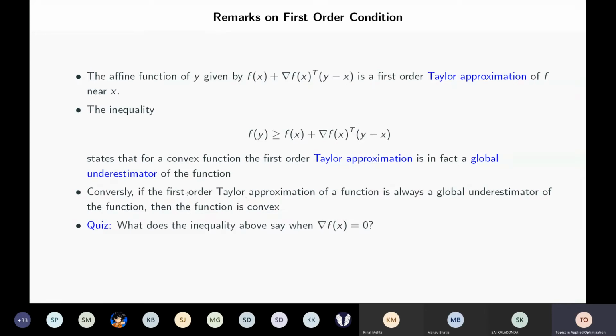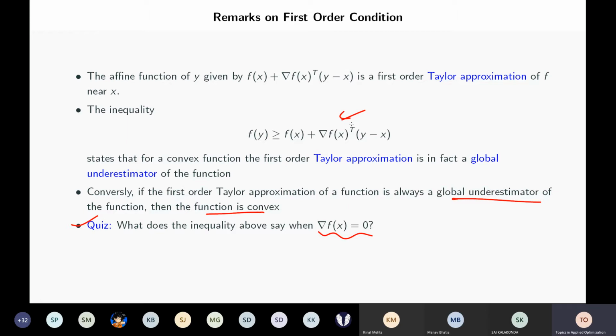Conversely, if the first order Taylor approximation is always a global underestimator, then the function has to be convex. And the quiz is, what does the inequality above say when grad f of x equals 0?